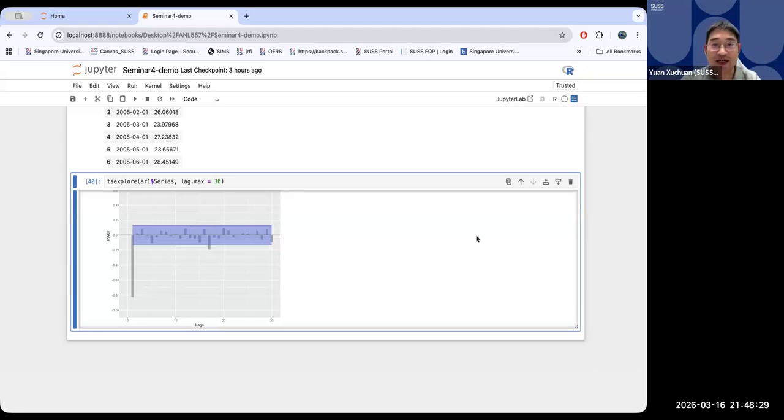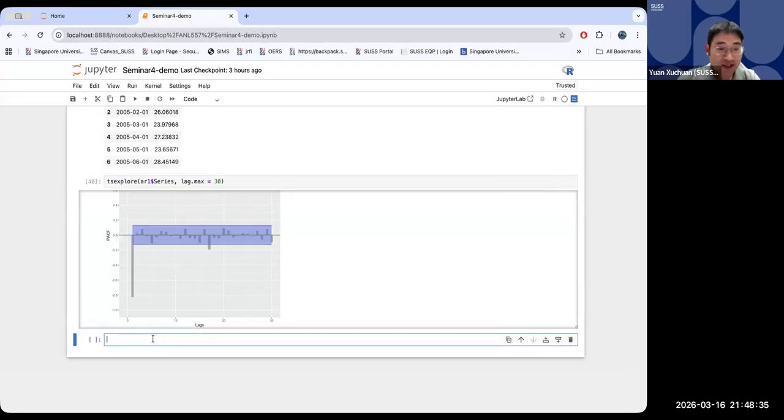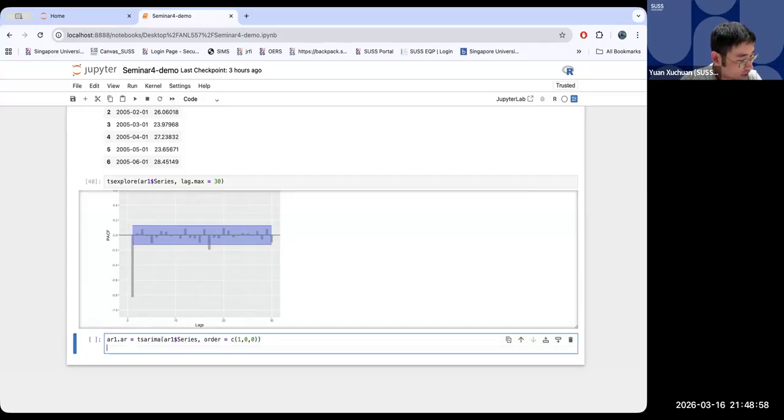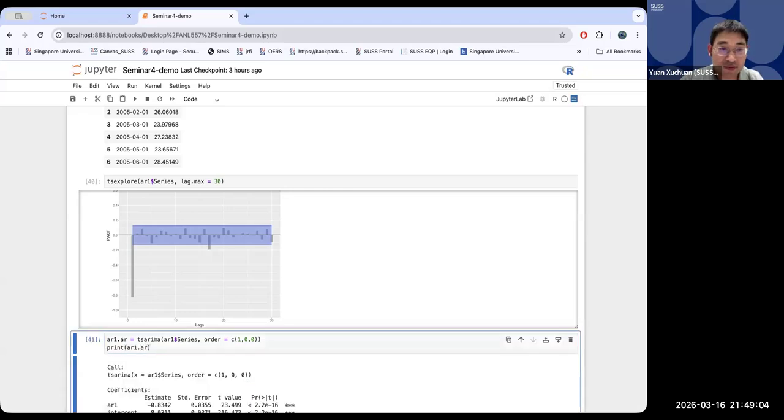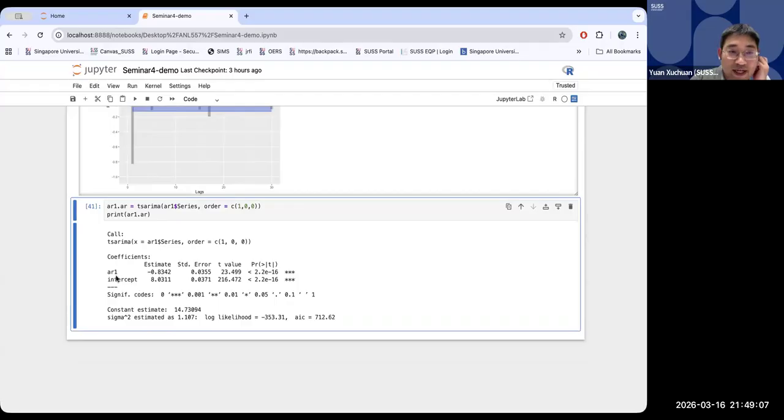So let's model this with the AR process using arima, order 1, 0, 0. This will be the AR1 process to model this time series. Let's look at this model. If you look at AR1, this p-value is significant, right?